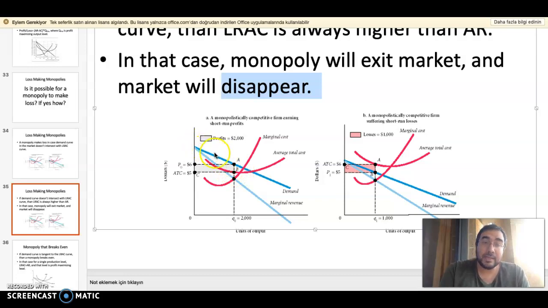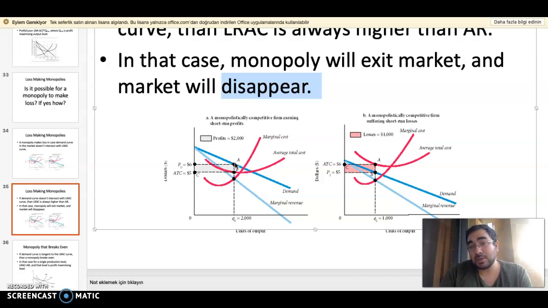Well, as long as the demand curve, not the marginal revenue curve, but the demand curve is above the average total cost curve, at least for some sections, you can basically guess that at least for some quantities, the average revenue, the revenue you get when you sell that amount of product, is more than the average cost.